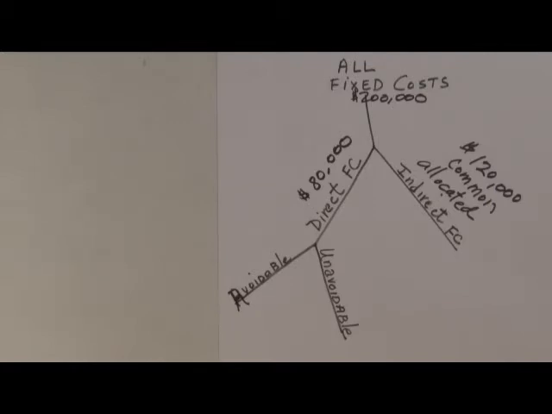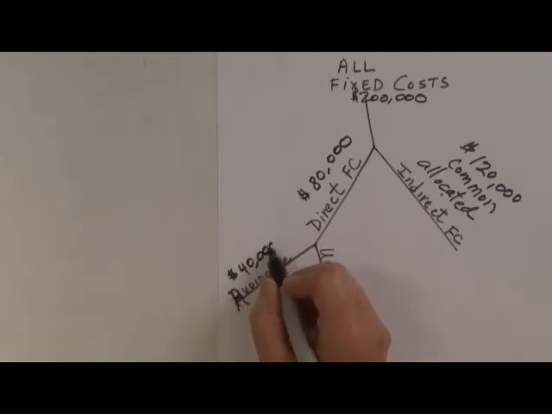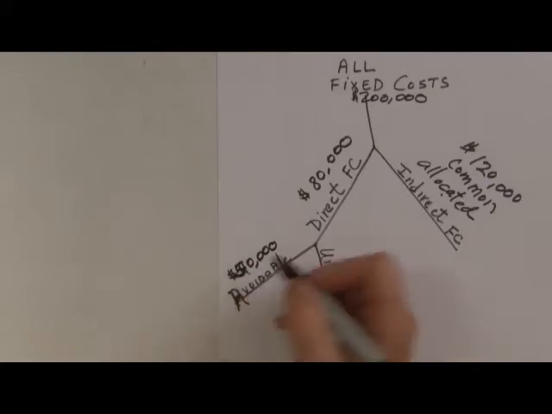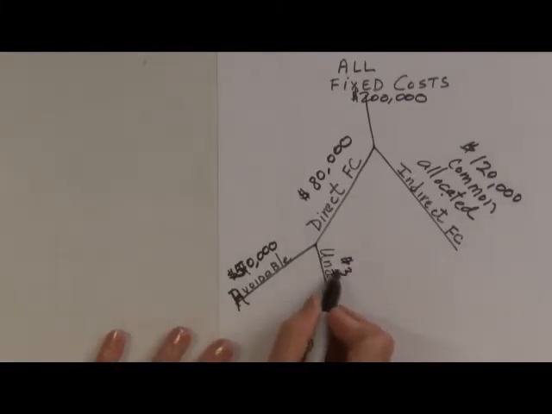If we have supervisors, maybe one supervisor that we're going to let go because the department would be closing, if this person was terminated with the closing of the department and they make $40,000 a year, this would be considered avoidable. Let's actually make that $50,000. $50,000 avoidable. And this is the only avoidable out of all the direct fixed costs. So this would make this one $30,000.